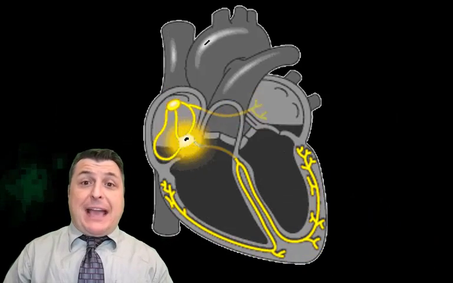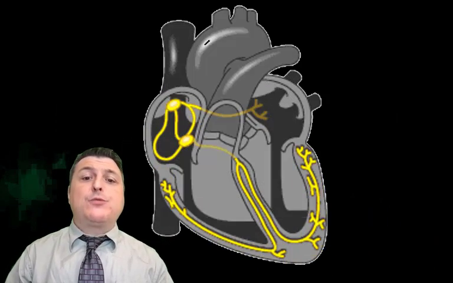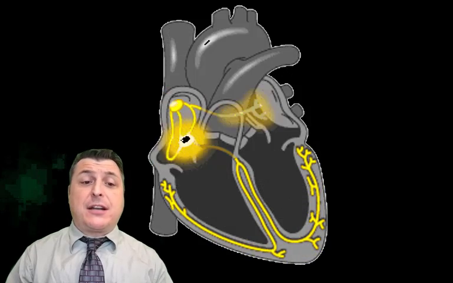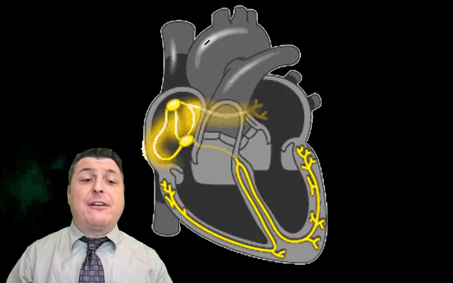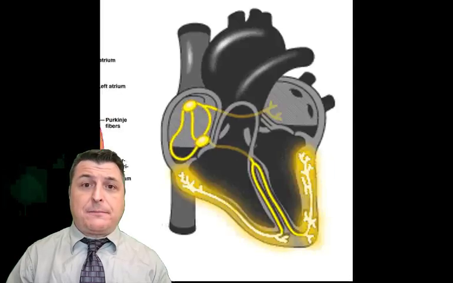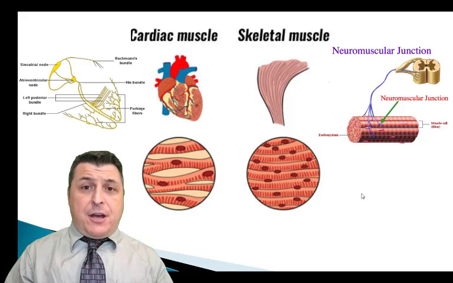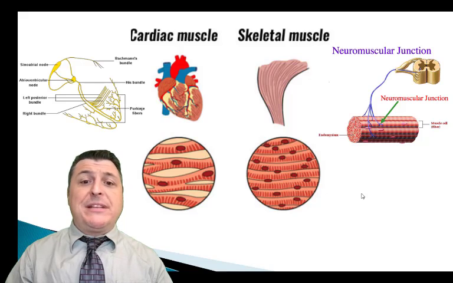The heart's pumping action, the cardiac cycle, is regulated by an electrical conduction system. This system coordinates the contraction of the various chambers of the heart. The action of the heart works a little bit differently than other muscles.